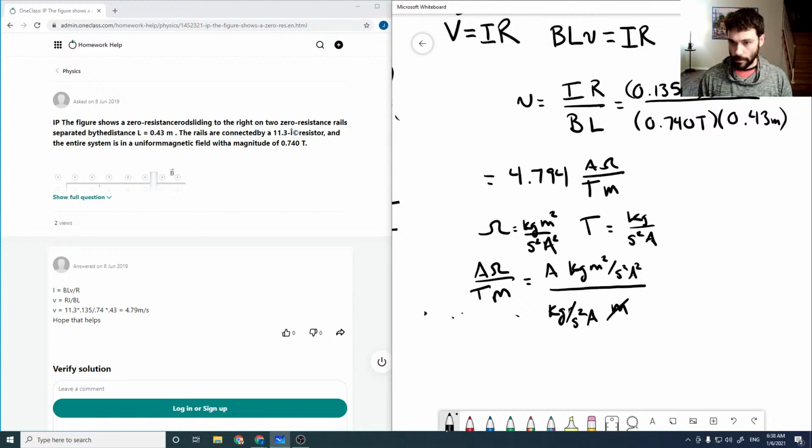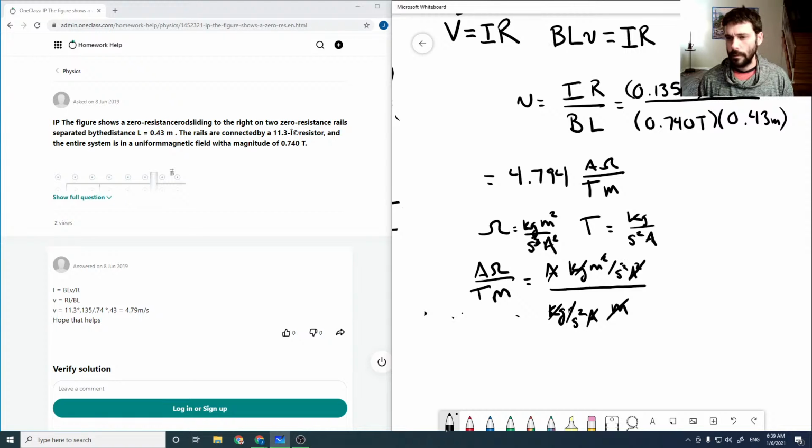The meter cancels, the amps cancel, and the kilograms cancel. I initially missed that the ohm is actually seconds cubed.